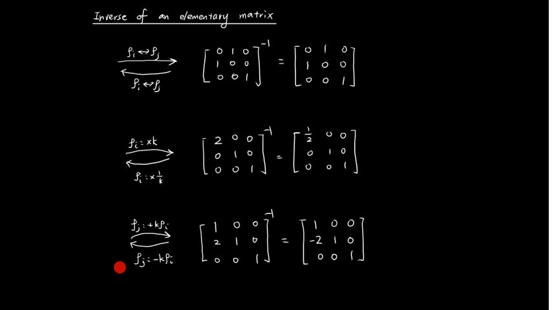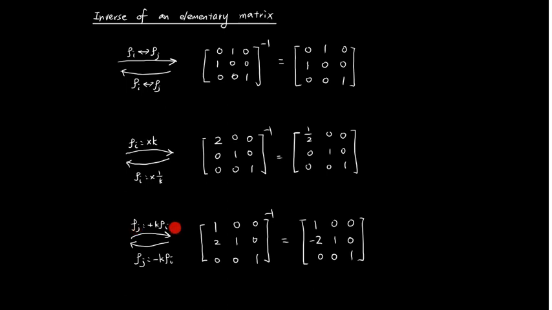Alright, now let's turn to the row combination. The row combination will take one row, multiply by k, and add it to the other row. It seems a little complicated, but remember that row i does not change here, right? Row j is changed. So how do we make row j back to the original one? Just remove the extra k times row i, right?